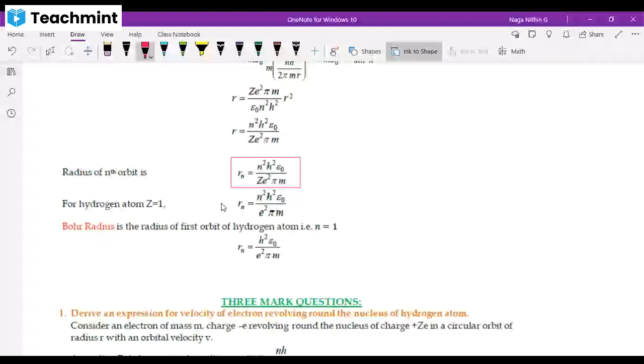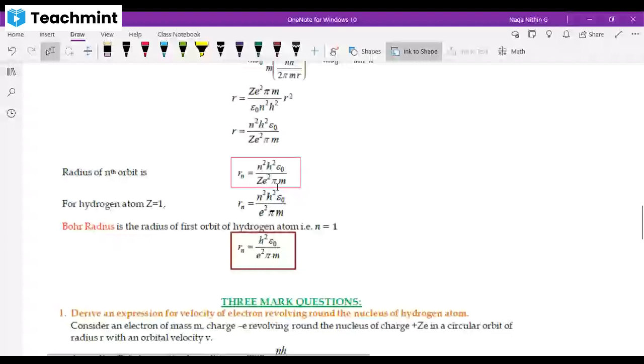So it becomes h square epsilon naught by e square pi m, because n value is 1 and Z is also 1 for the hydrogen atom.